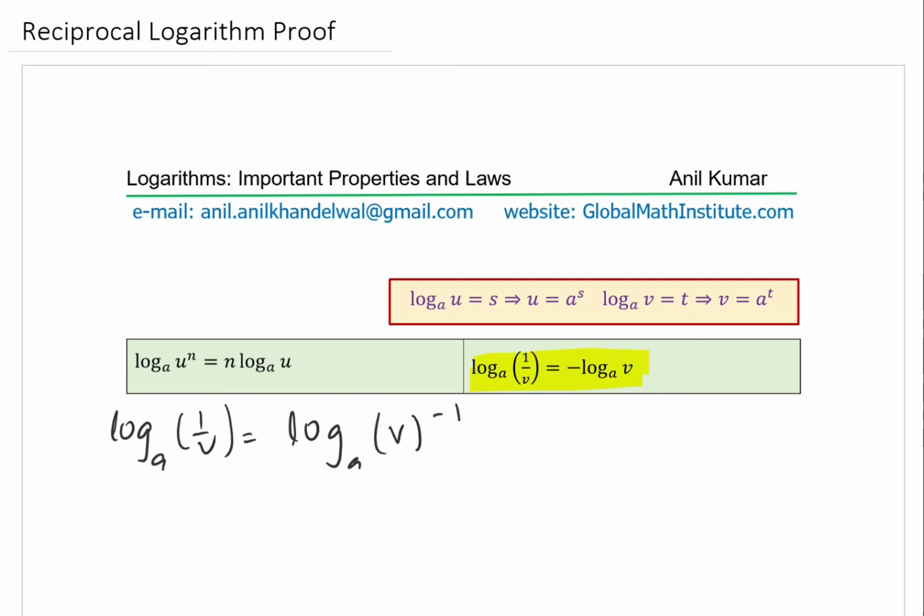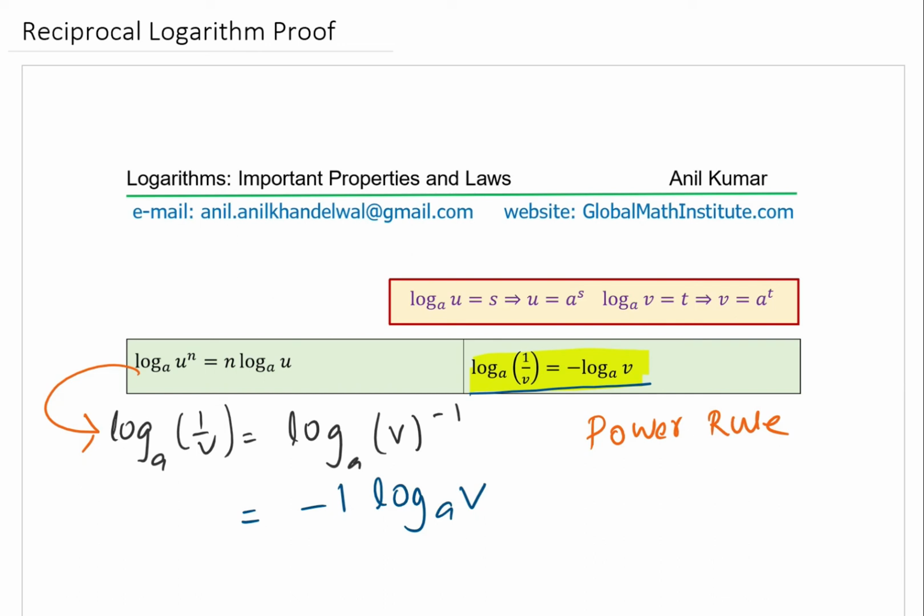And now, utilizing this particular property, which is the power rule, we can write down that this is equal to minus 1 that comes here, log to the base a of v. And that is what we wanted to show.